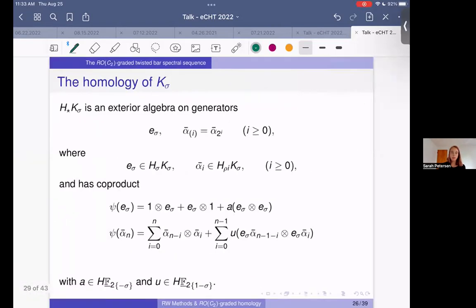And if we work a little bit harder, we can also determine the product structure and show that the homology of the space is exterior on these generators e sigma and alpha bar parentheses i living in the 2i rho degree homology, and also determine the coproduct, which has distinguished elements a and u from the homology of a point showing up. So the formula for the coproduct is a little bit more complicated than in the non-equivariant case.